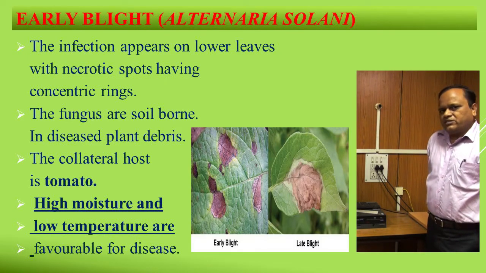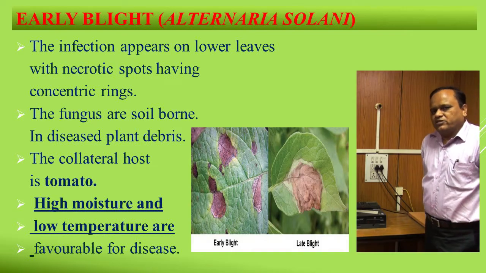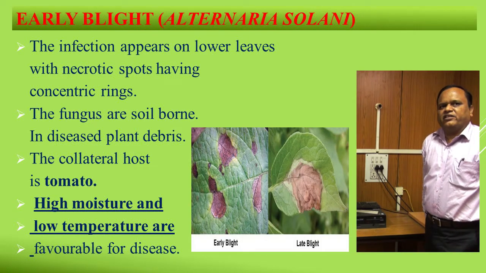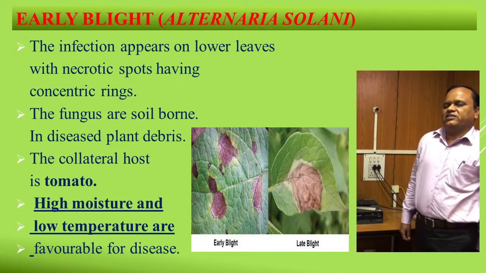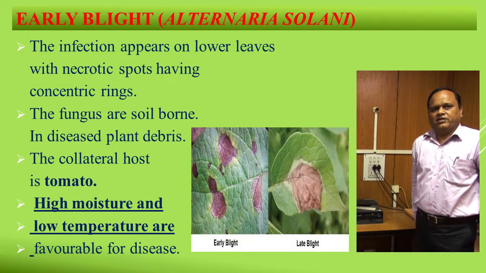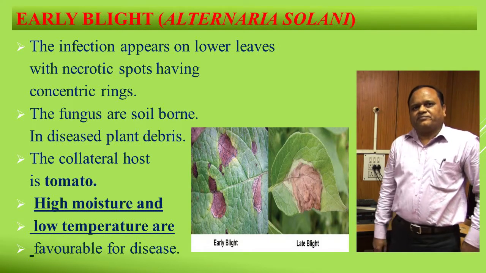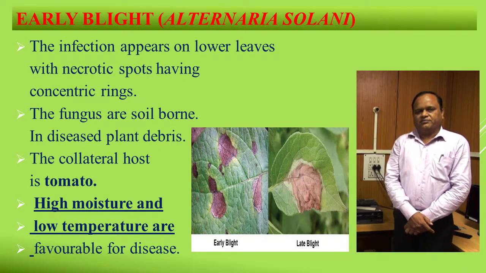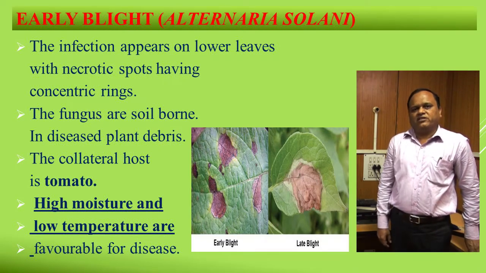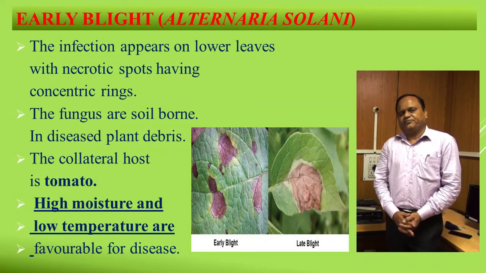The collateral host is tomato. Collateral host means when there is no potato crop, then if you grow the tomato, the fungus will survive on the tomato plant. As you know, the tomato is also in the family Solanaceae, and the potato is also in the same family.